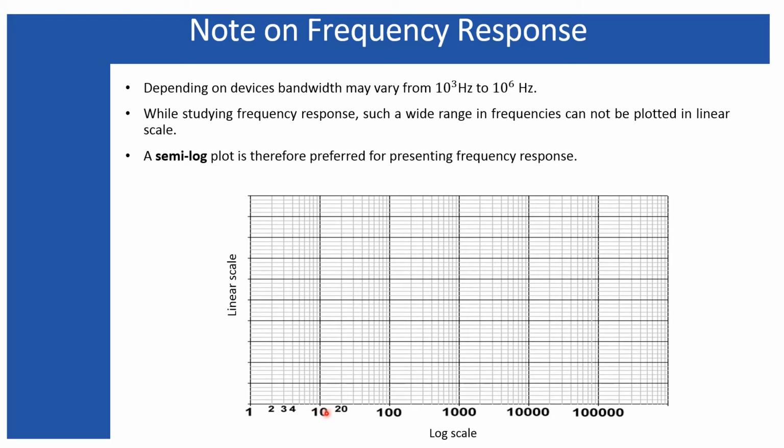Now, for example, you want to plot a frequency, or you want to mark a frequency of 120 hertz. So this is the 100, and this is the 120. So somewhere at this point is your frequency. Now, corresponding to the 120, if you have the corresponding voltage or current, you can plot it from here.